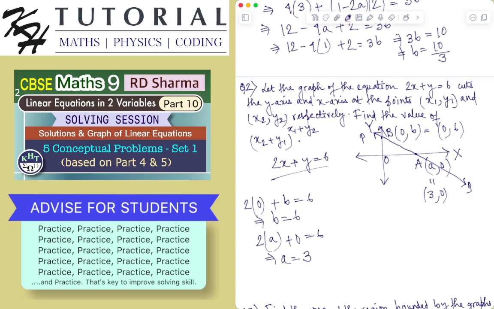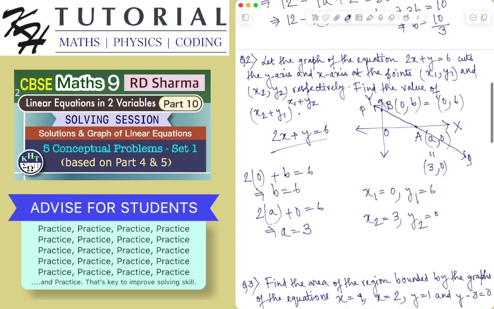So in the problem it is given that the graph of the equation cuts the y-axis at the point (x1, y1). So clearly we have x1 equals 0 and y1 is equal to 6, and the graph cuts the x-axis at the point (x2, y2). So clearly we have x2 is equal to 3 and y2 will be equal to 0.